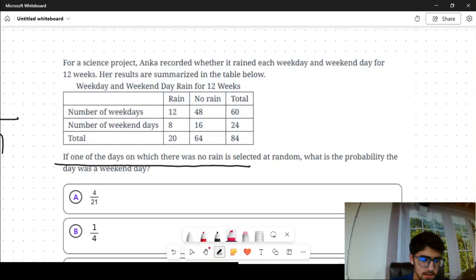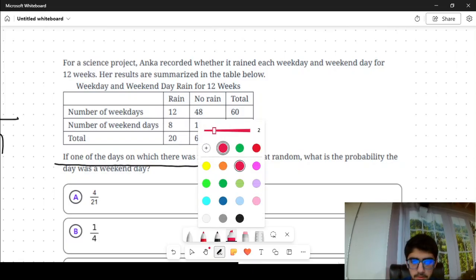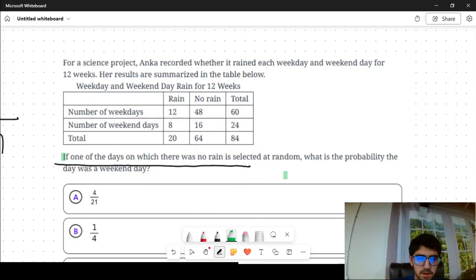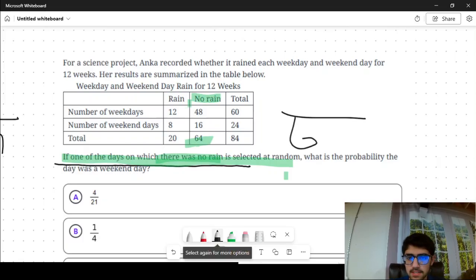I broke my pen, but it'll work for now. So if one of these days under no rain is selected at random, because it says there is no rain, it's not the total. It's the total with no rain. So no rain, the total is 64. So the denominator will be 64.